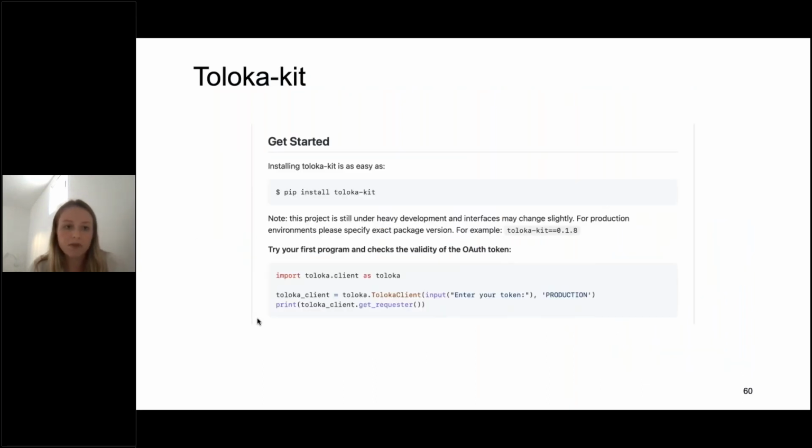And that's why we provide a Toloka kit. This is a Python library that you can install in either your Jupyter notebook or your production environment. And then you can just import the Toloka client and interact with it. So you could basically set up the project, do quality control rules, and filter performers using Python code.